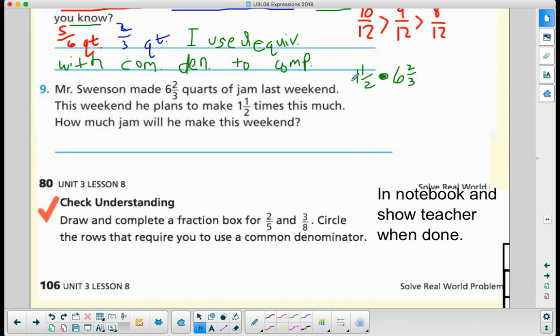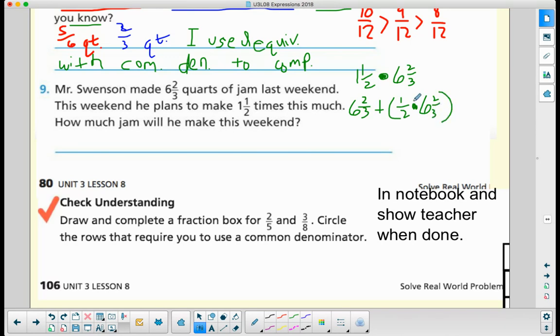So one thing I could do is say, hey, 1 times 6 2/3 is pretty easy. That is 6 2/3. Plus, he's going to do another half times as much. So now I still have to find half as much, or half a group of 6 2/3. So I know that's less than 6 2/3.